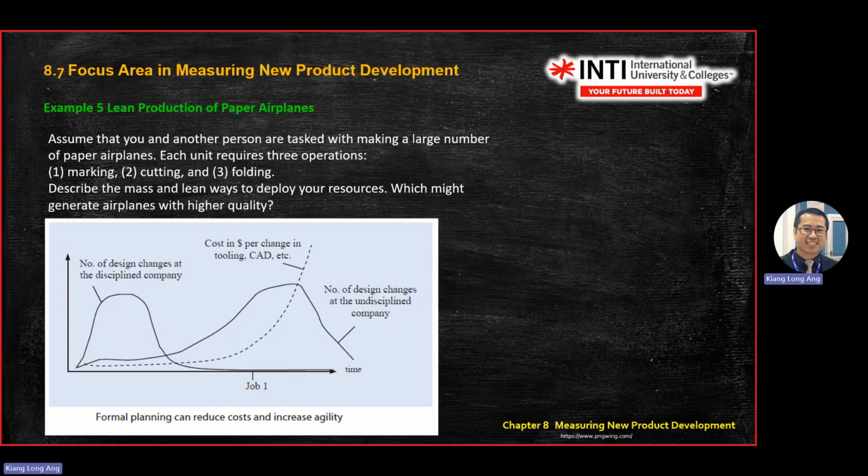Okay, this one is nothing. So this is the cost against the number of changes at the company. If in the beginning the cost goes up, then at a certain time there's no more design need to change, and the cost will go down.